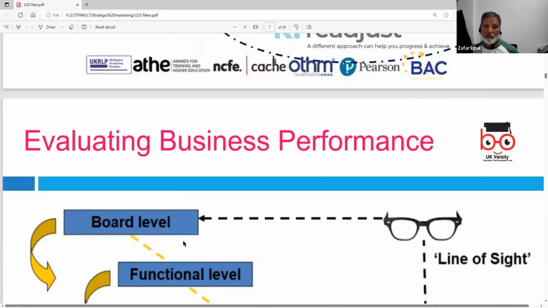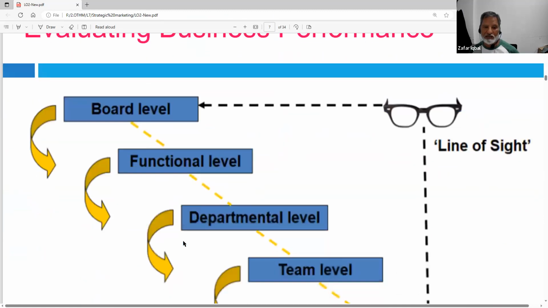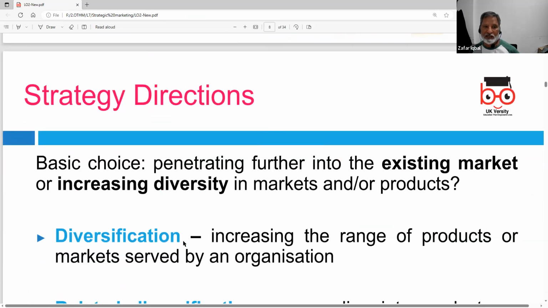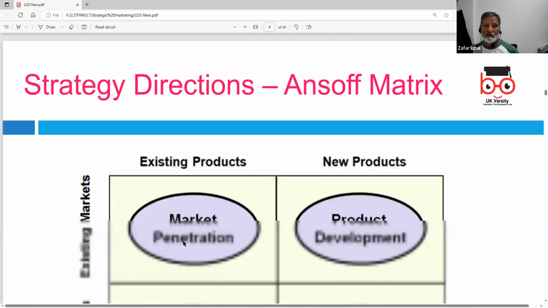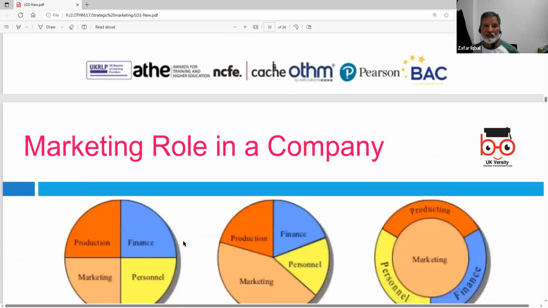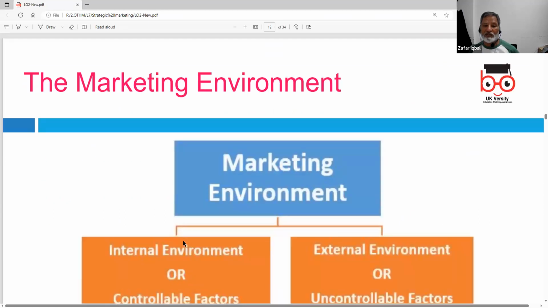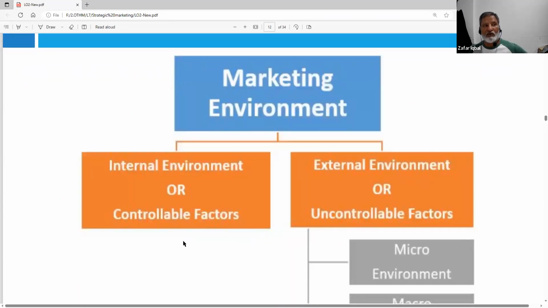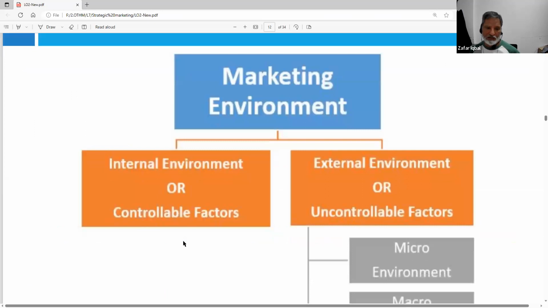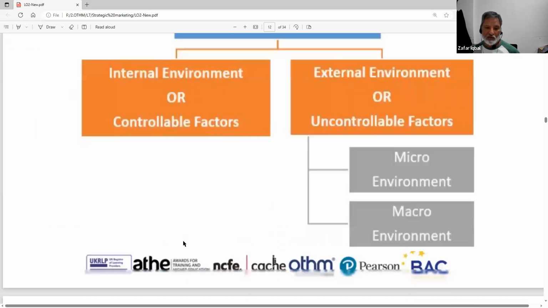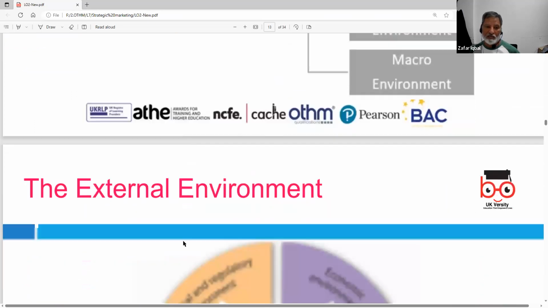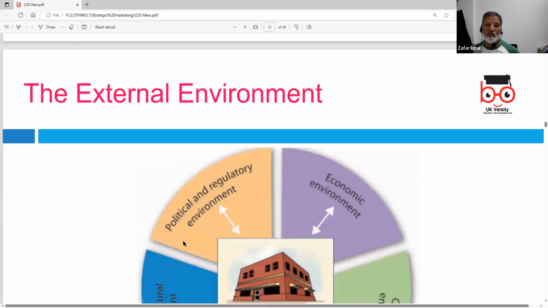We used the strategic directions, we used the Ansoff matrix, we looked at Porter's 5 forces model, we looked at the internal and external environment, i.e. PEST or PESTEL, and SWOT analysis, and how we can utilize those in our organization.